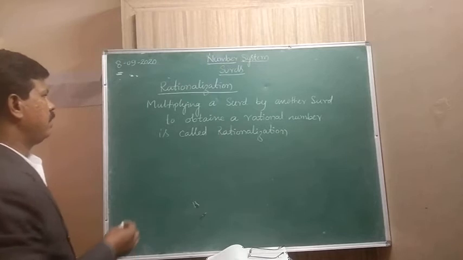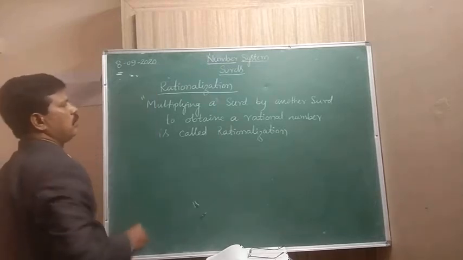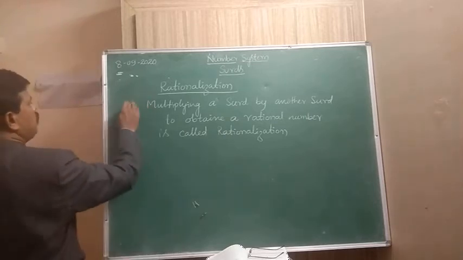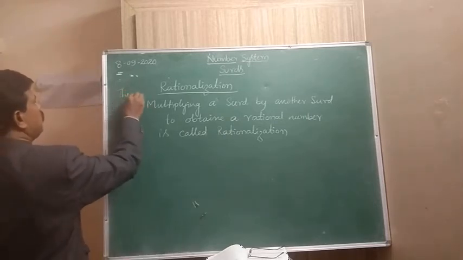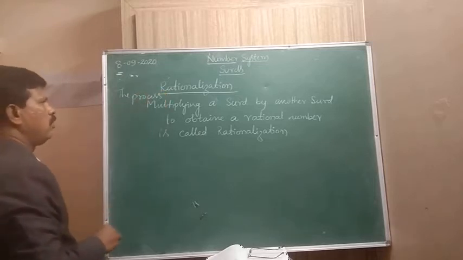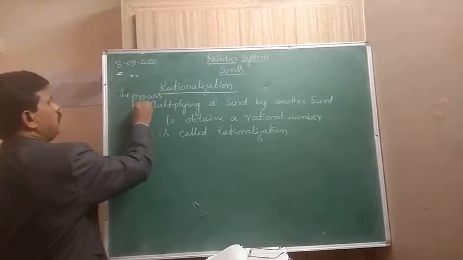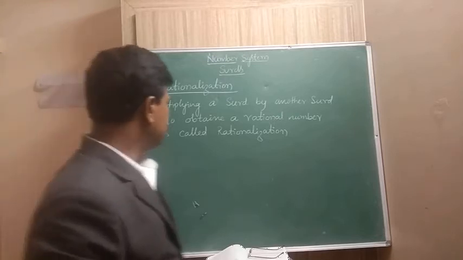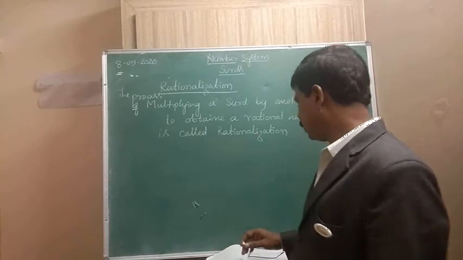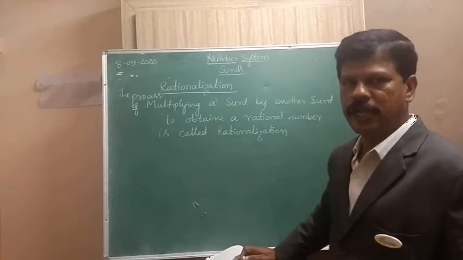Or you can say, the process of multiplying a surd by another surd to obtain a rational number is called rationalization. You can write that down also.